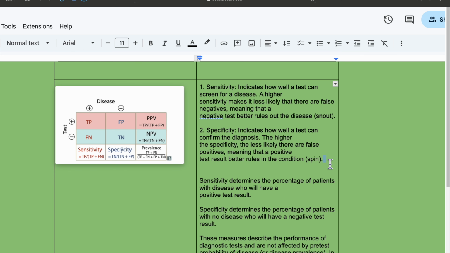So to figure out which condition it is, we do a specific test, right? We do for rheumatoid arthritis, what was it? The cyclic one, CCP, right? Citrullinated peptide one, or whatever.